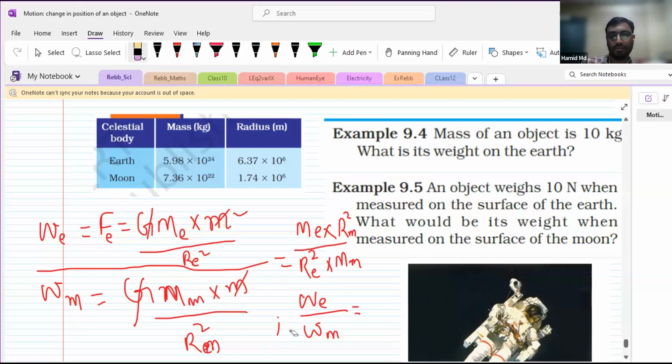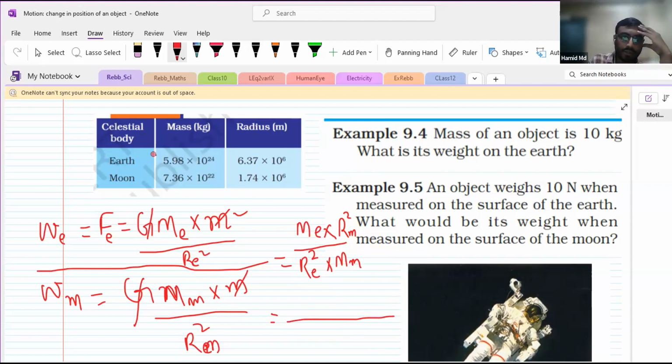Can you help me now? The mass of Earth is 5.98. Can I write it as 6? Yes, rounding off it will be 6.